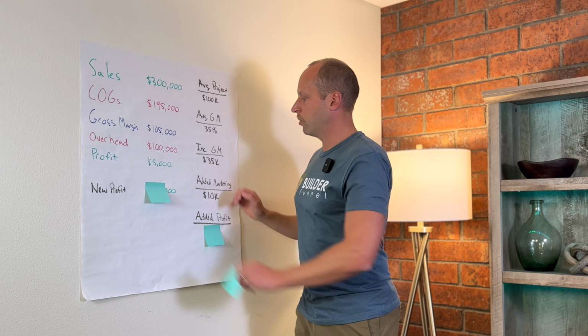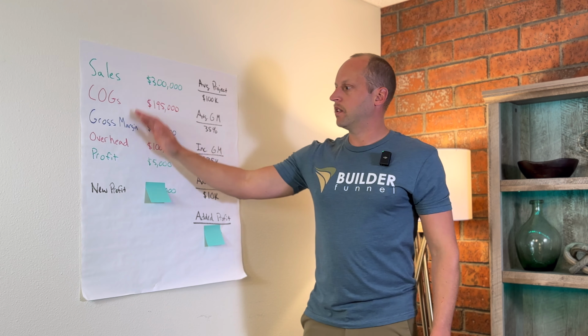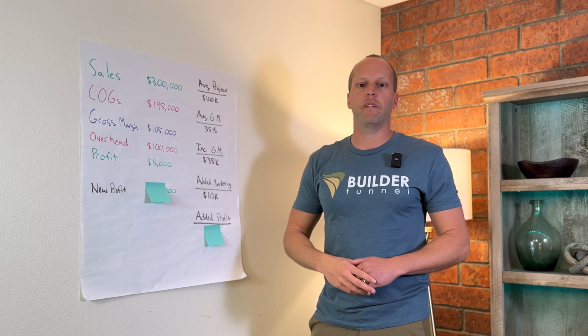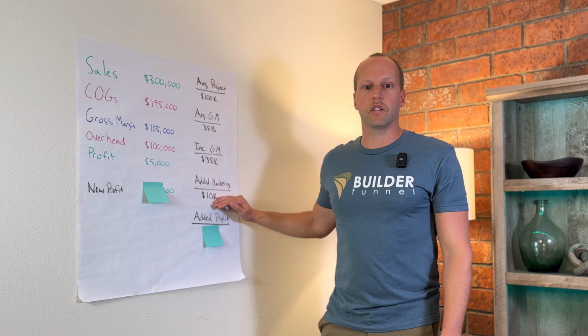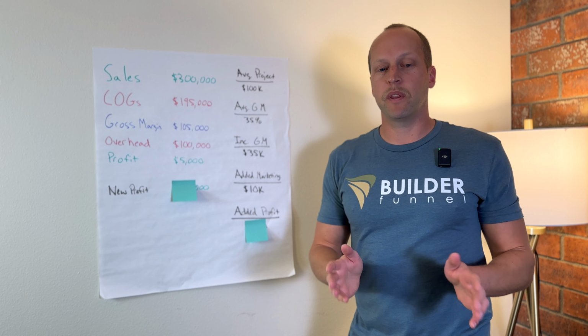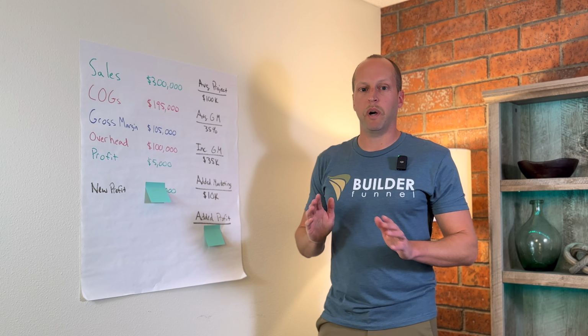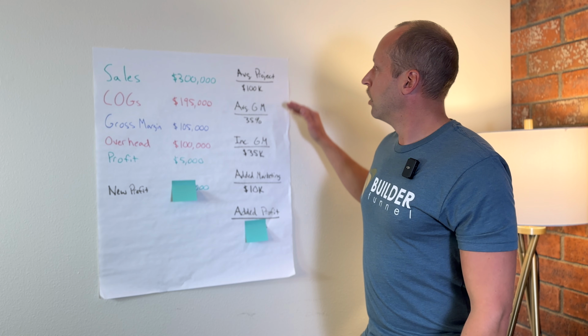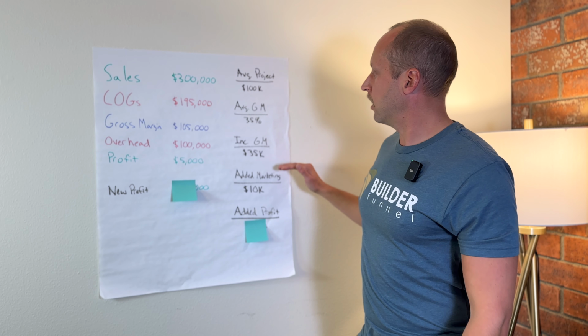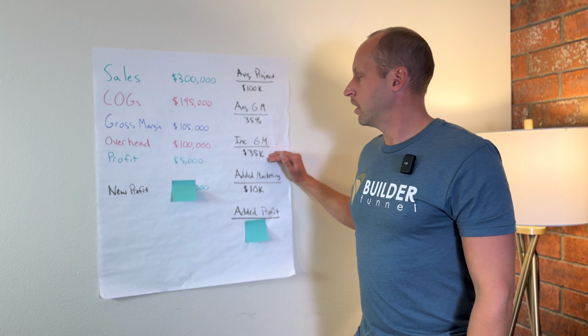Let's take a scenario where you say, okay, great. I've got this system running, but I've got a little bit of excess capacity and I need to fill it. What if I added $10,000 a month into marketing expenses? You may be thinking, $10,000 a month, that's crazy. But let's say it produced just one more of your average projects. One more project at $100,000 brings you $35,000 in gross margin.